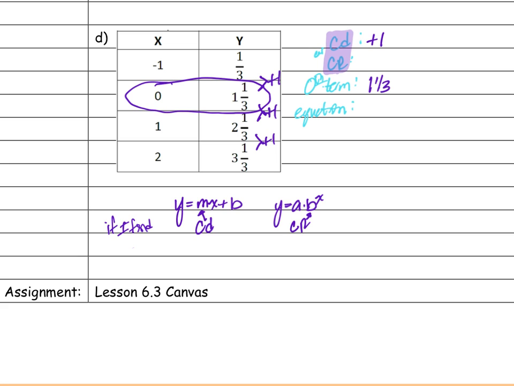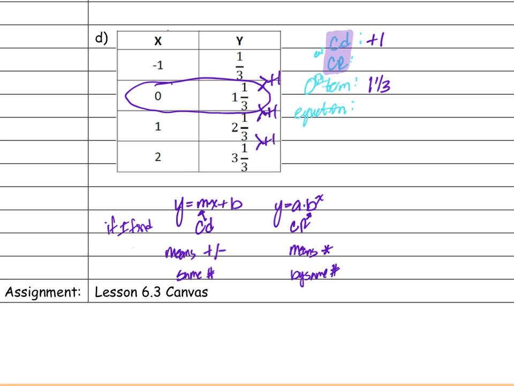If I'm multiplying, I have a common ratio. Common difference means adding or subtracting the same number. Common ratio means multiplying by the same number.